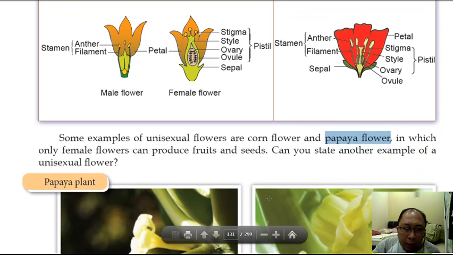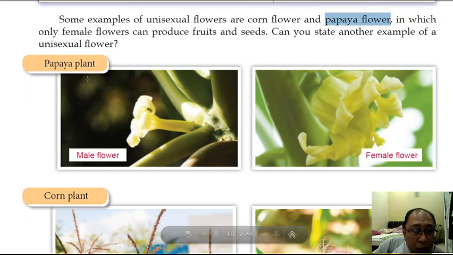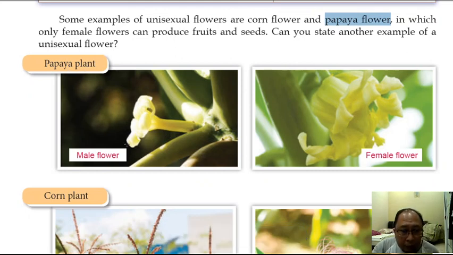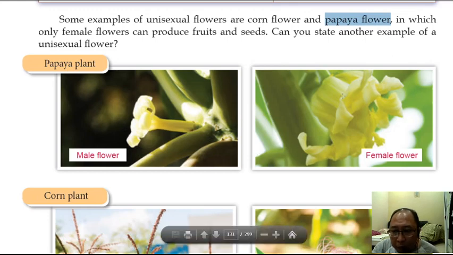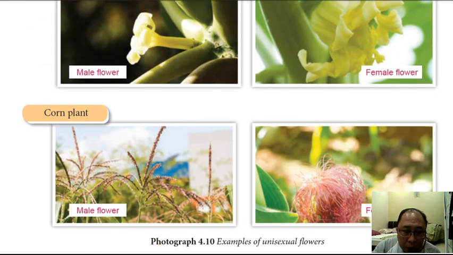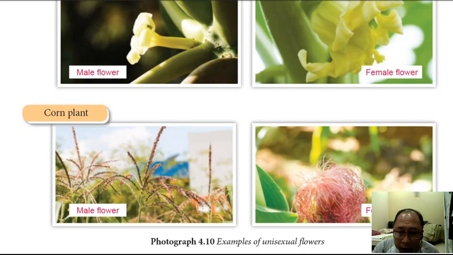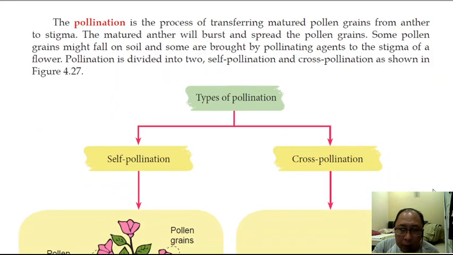Okay, so this is the picture showing a papaya plant. The male flower is like this and the female flower is like this. Same as corn flower, also a unisexual flower. The male flower, the structure is like this and the female flower is like this.